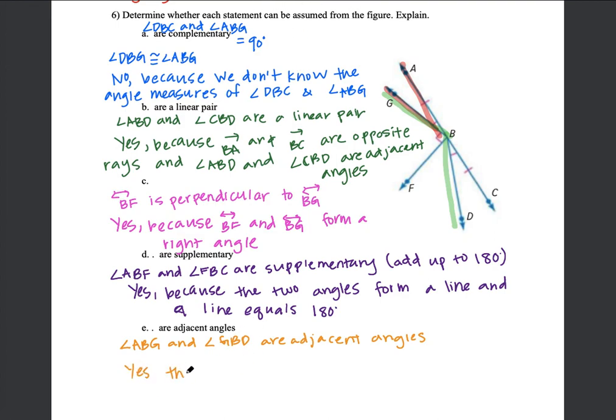Yes, the angles are adjacent. And I can say common vertex is B. The common side is, oh, it's a ray, ray BG.